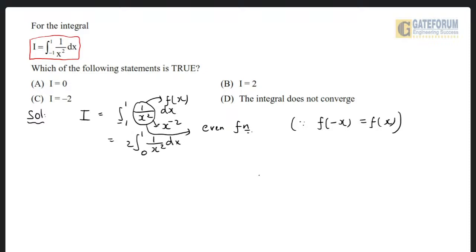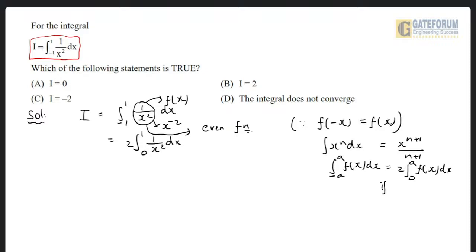Okay. And the integral of x power n is x power n plus 1 by n plus 1. The integral from minus a to a of f of x dx is equal to 2 into the integral from 0 to a of f of x dx, if f of x is even.